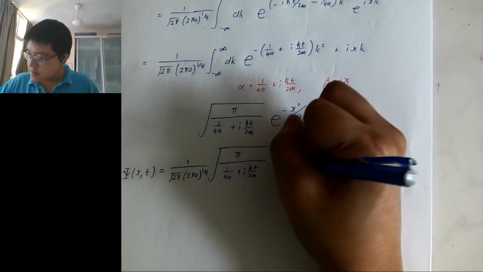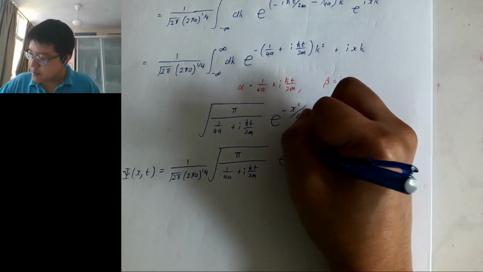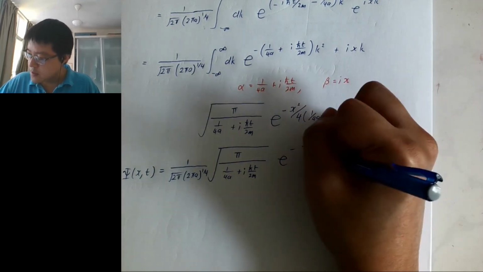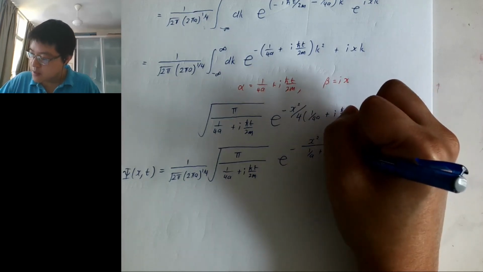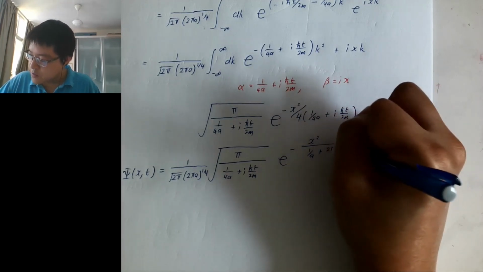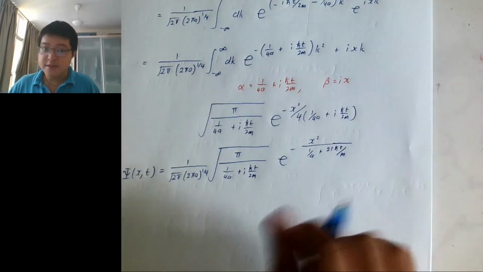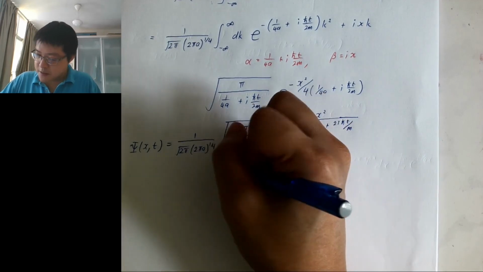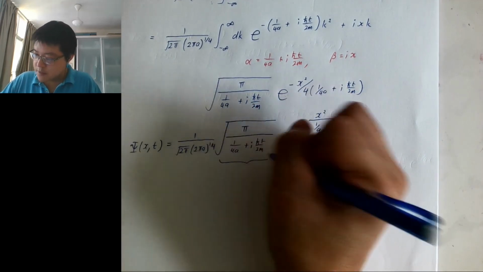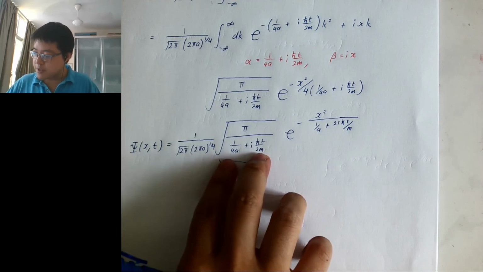And then this part, let's multiply the 4 inside. So this is x squared over 1 over a. And then if I put the 4 inside, it becomes 2i h bar t over m. Okay, so you see it's so ugly, right? This part, let me tidy up one more step. Let me put the 4a upstairs.